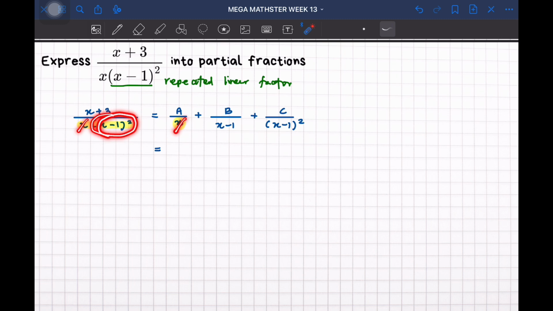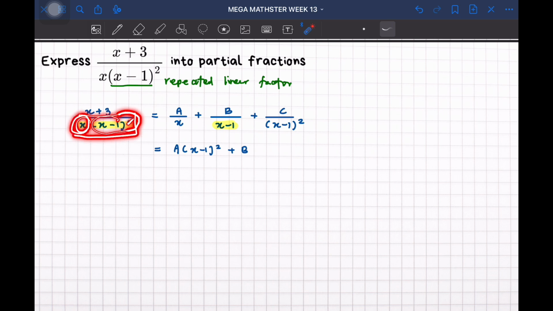Okay, so we just need x minus 1 square, which means that A will be multiplied with x minus 1 square. Okay, and then what about B? So for B, okay, we do the same thing. We already have x minus 1 in our denominator. Okay, and then this is the denominator that we are going to achieve. So we already have x minus 1 power 1, which means that we only need another one, x minus 1, this one, and we also need x.